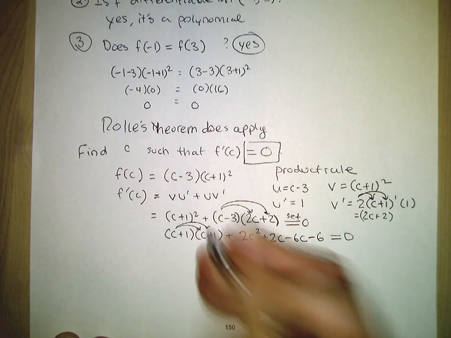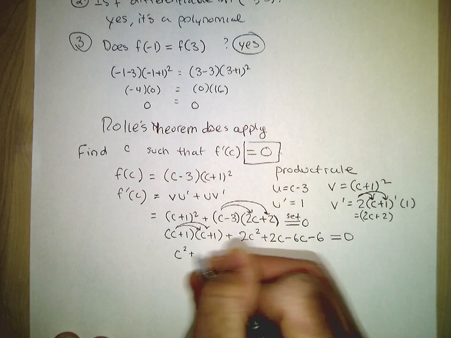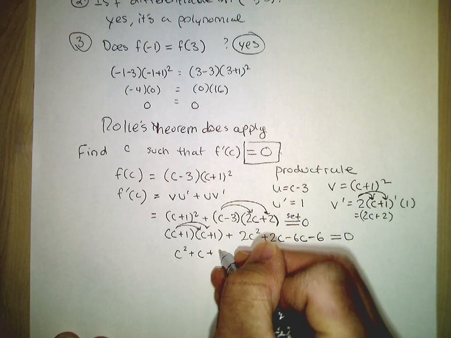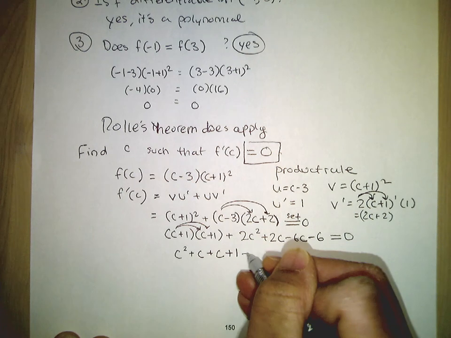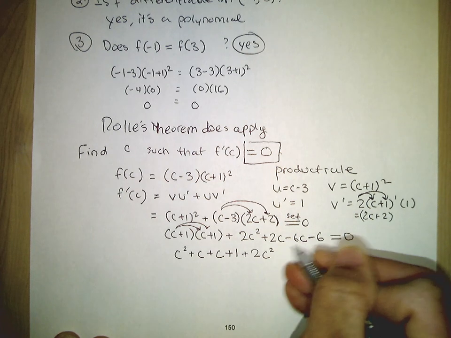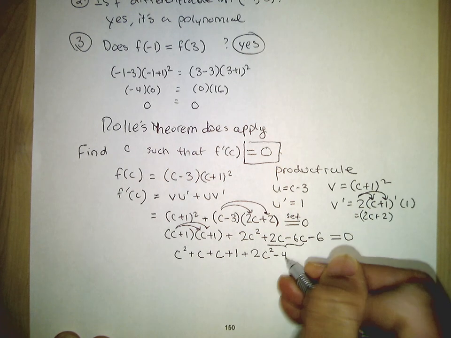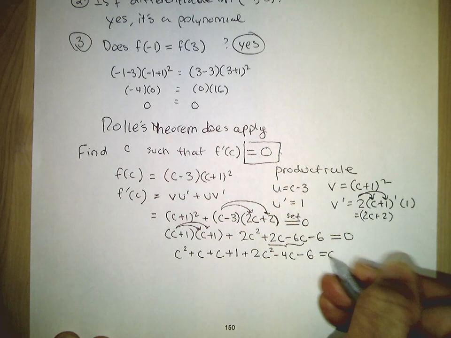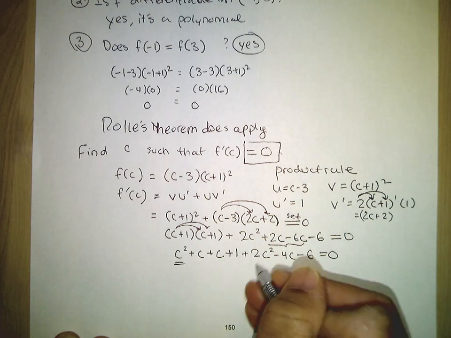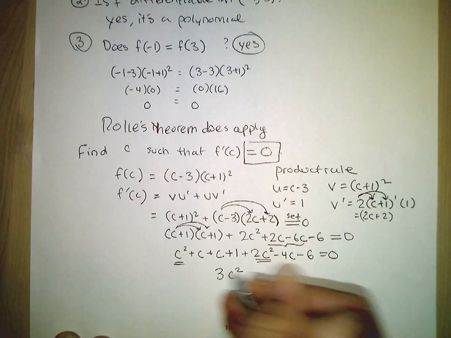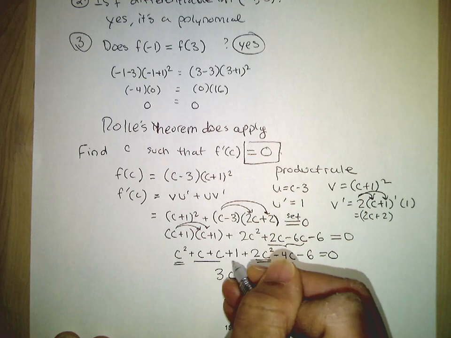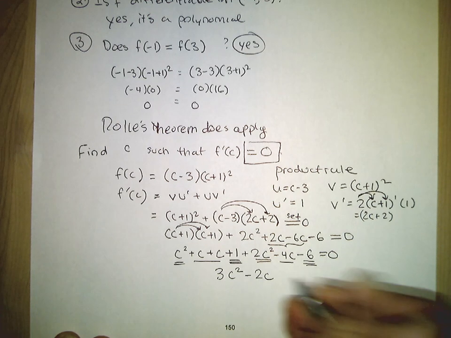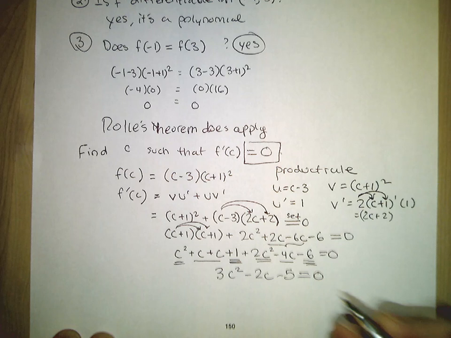Distribute here as well. So c squared plus c plus c plus 1 plus 2c squared minus 4c minus 6 equals 0. Combine like terms: 3c squared minus 2c minus 5 equals 0.